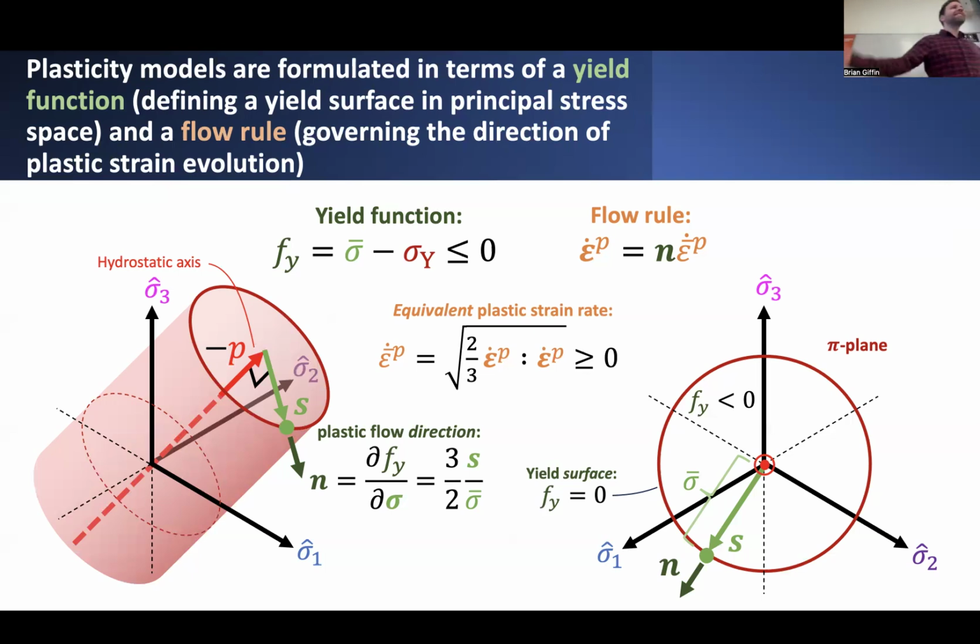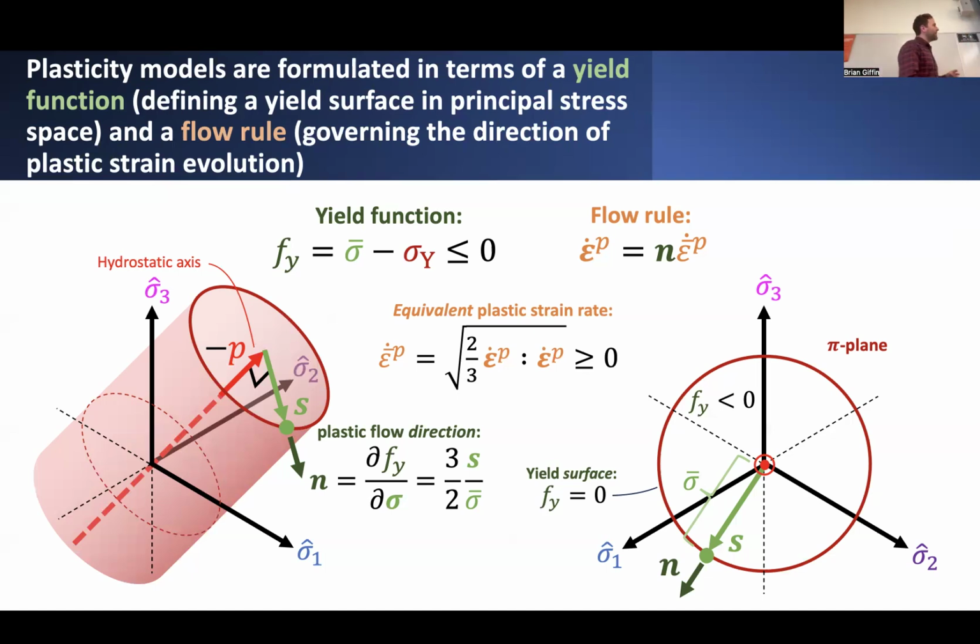As long as we're inside of that cylinder, then we have purely elastic behavior. We don't meet this yield criterion. But as soon as the yield function is equal to zero, it means that our state of stress lies directly on this yield surface, and that's when we have actual plastic deformations occurring in the material.